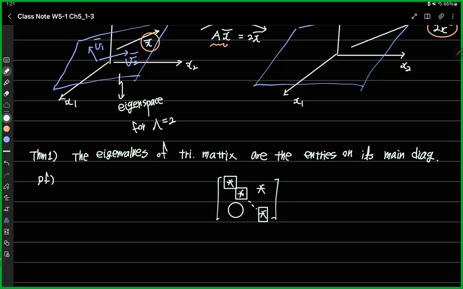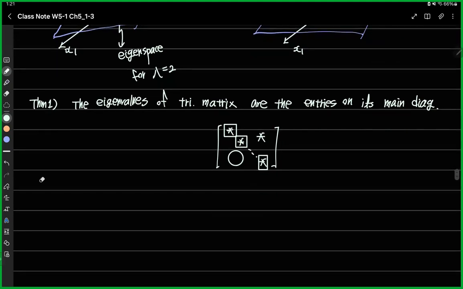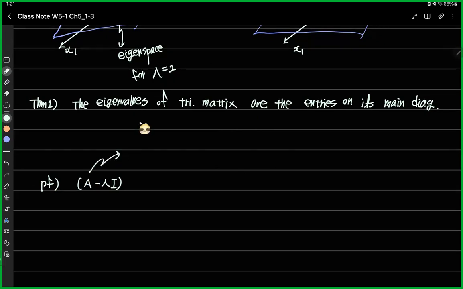We start with A minus lambda I. Let me set the matrix A as A11, A22, and A33. Let's think about a 3 by 3 matrix. Here's a 0, and the A12, A13, and the A23.